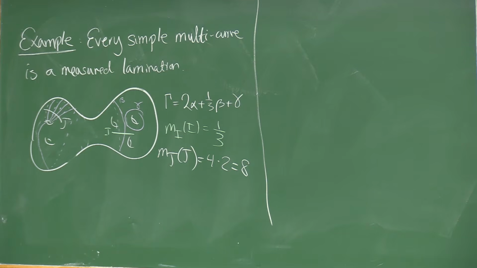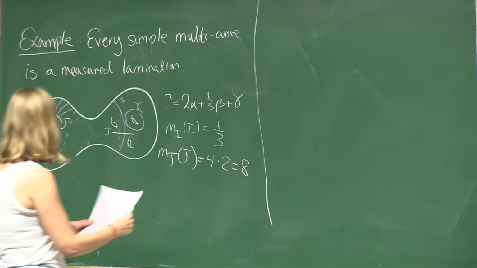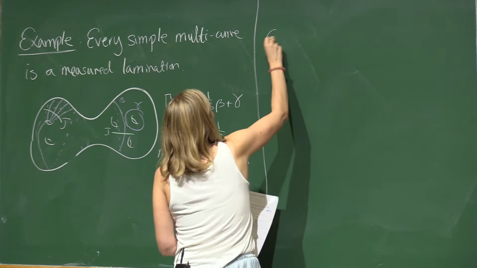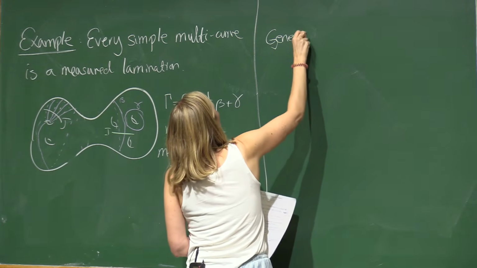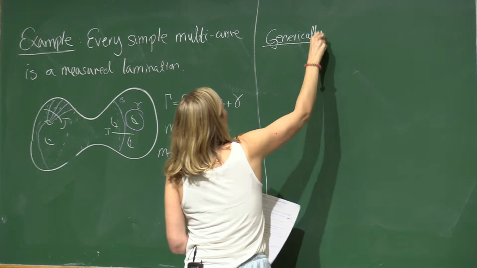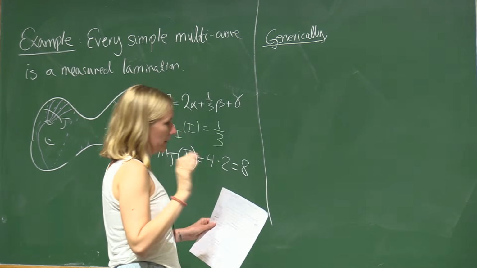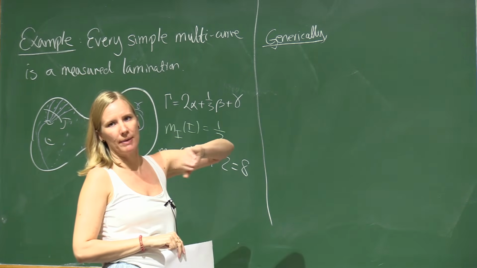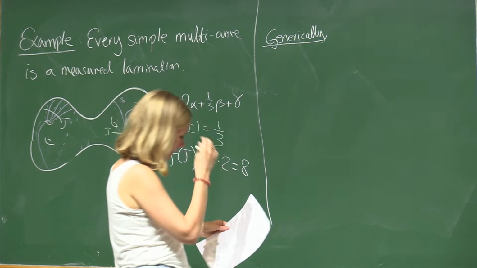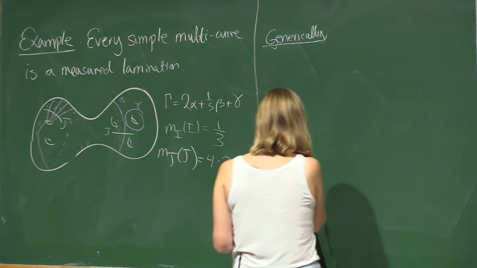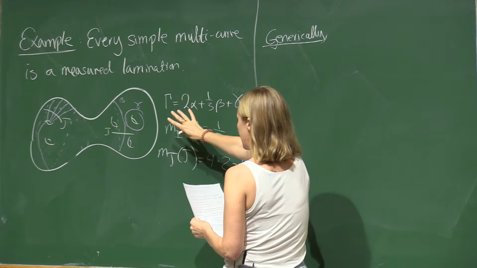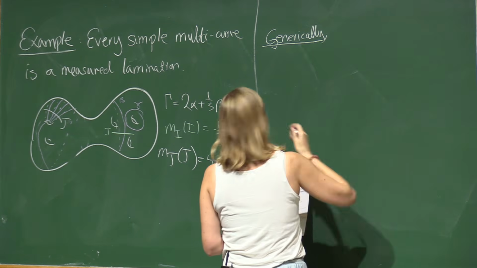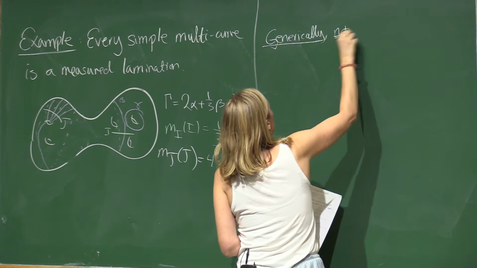But generically, a measure lamination is very much not a simple multicurve, whatever generically means. Soon we're going to define a measure on this space of measure laminations, and with respect to that, these kinds of measure laminations have measure 0. So generically not a multicurve.